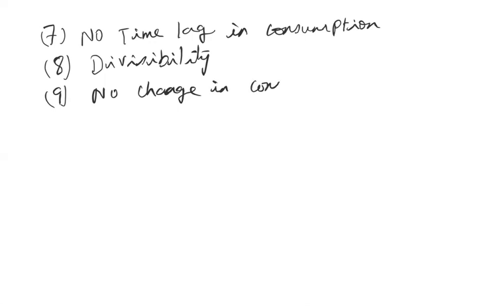And no change in consumers' behavior. As I mentioned, suddenly you should not say that all these days I was liking mango, and suddenly my preference changed to oranges. So there is a change in consumers' behavior. That is an irrational thing. So no change in consumers' behavior. And finally, the consumer has full knowledge of the market conditions.